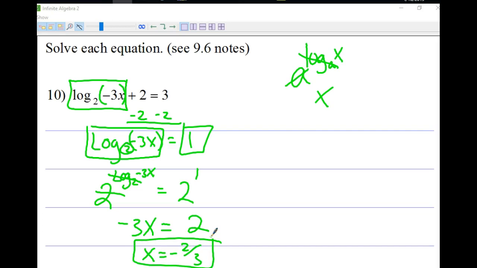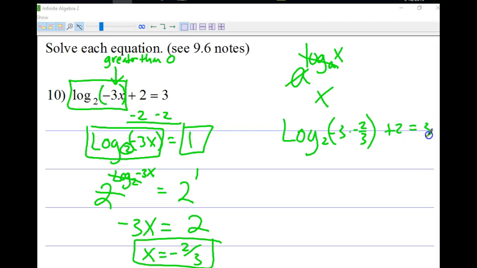It's always good with log equations as well to make sure that you don't end up with an extraneous solution. This piece here has to be greater than 0. So if we plug that in, log base 2 of negative 3, let's plug in our answer. You know, you don't have to show your work. You could just kind of do this mentally.